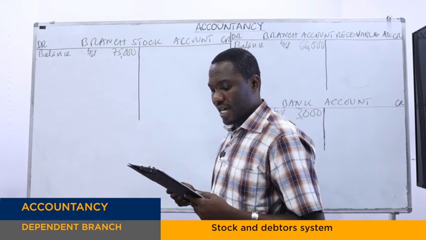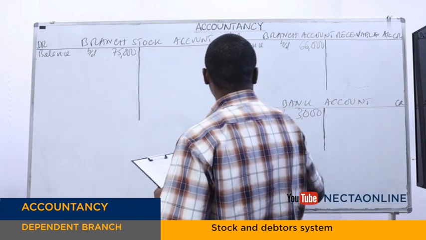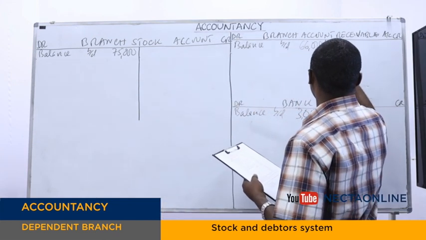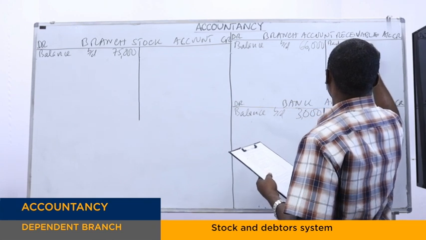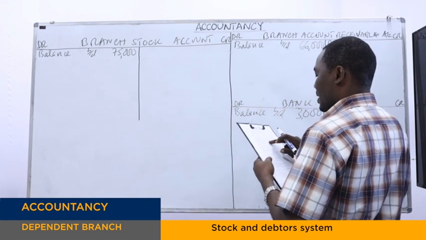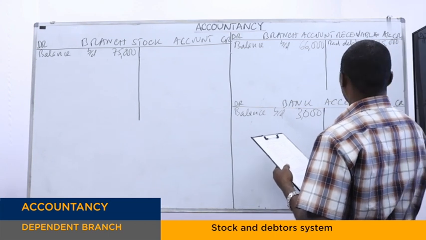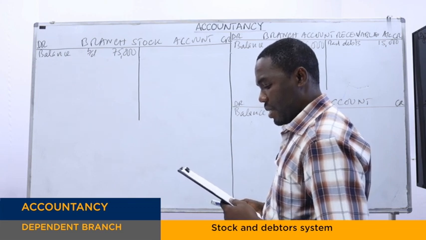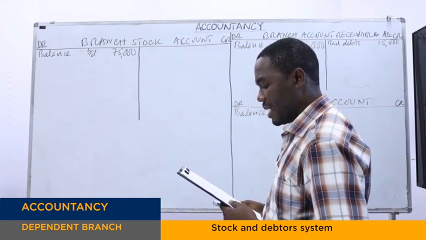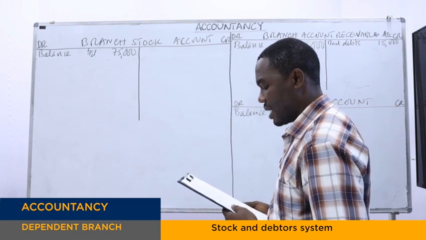so we are told that there are bad debts written off. Bad debts reduce our balance of debtors. Bad debts written off, it was 15,000. Then there are branch general expenses paid from the bank, branch account.